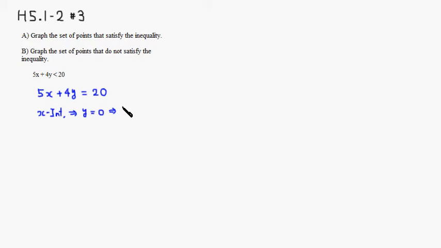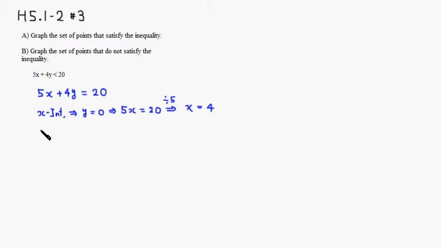So you only have 5x is equal to 20. Just divide through by 5 so we can isolate x, and 20 divided by 5 is 4. So the x-intercept is 4.